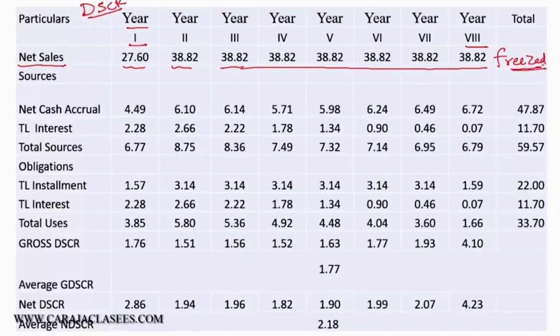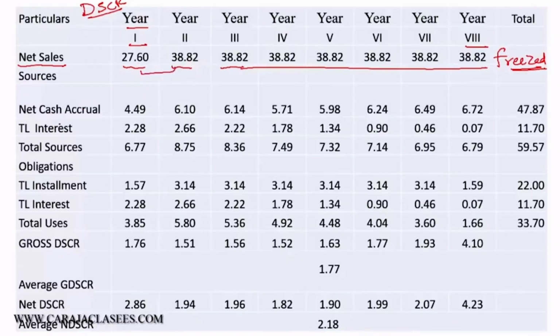It means no year-on-year increase in net sales is projected. This is basically on the conservative side, but in reality year on year it can increase, but here the bank is going on a very conservative calculation. So there is almost a 10 plus crore increase from 27.6 to 38.82 crore.